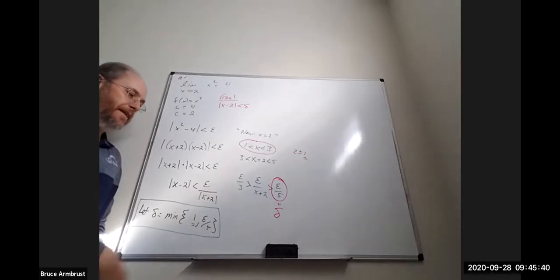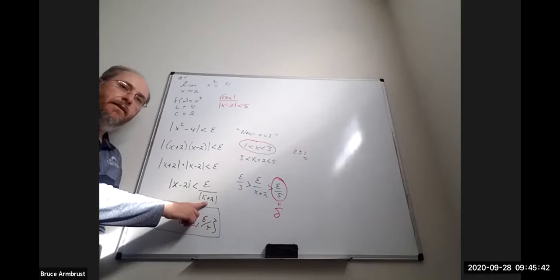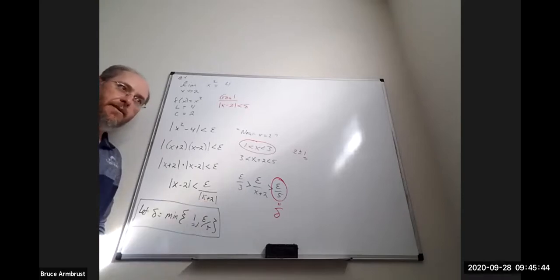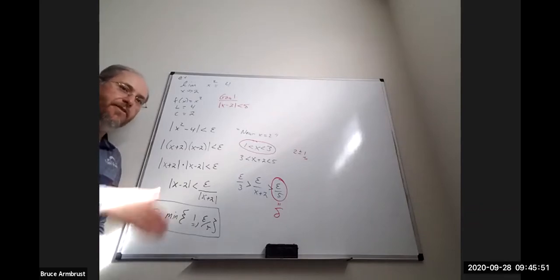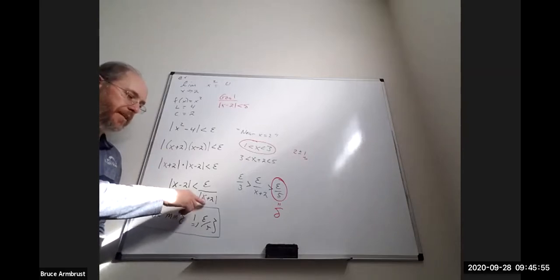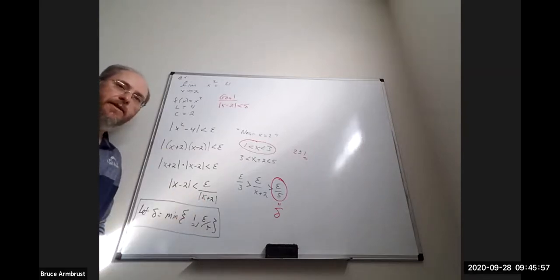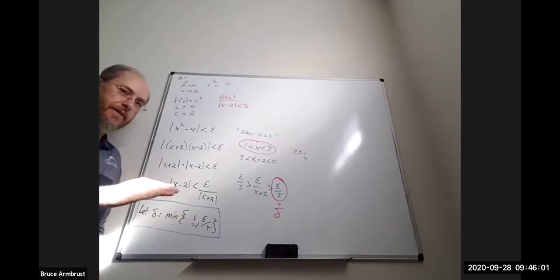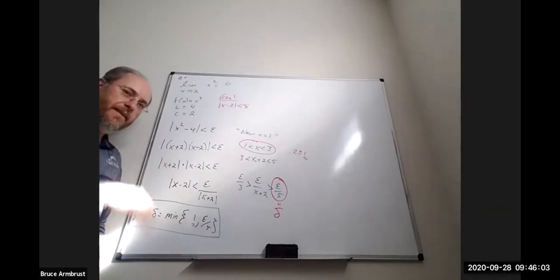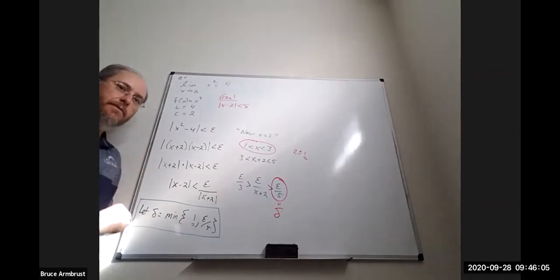It's more the fact that this number is changing, and delta has to be a fixed number, there is no option, right? It's like, no, this is the delta. And the problem is if I say delta is epsilon over x plus 2, that number varies. Epsilon over 5 doesn't vary. That's the number. So that's really the issue.